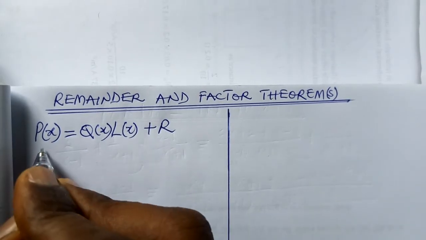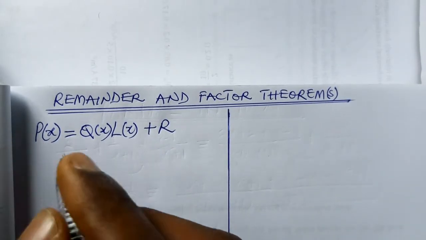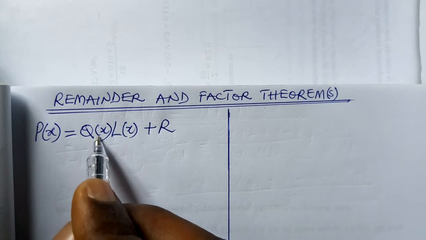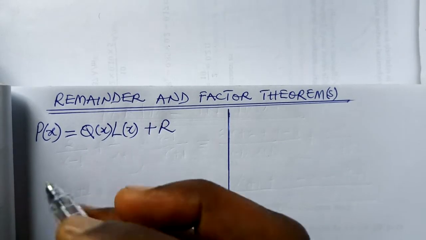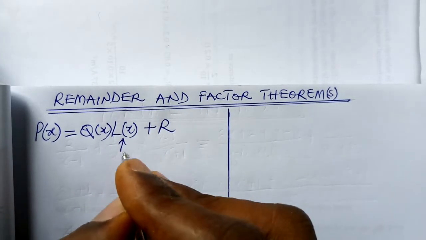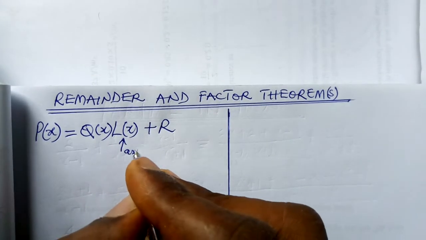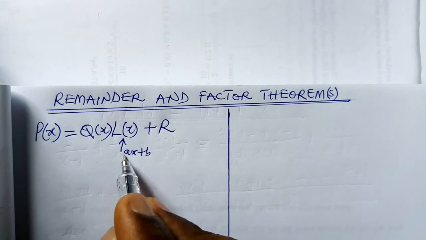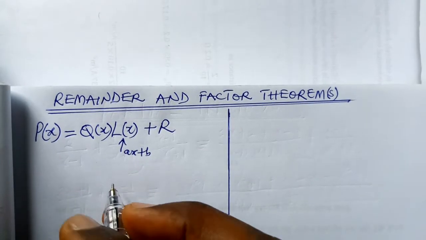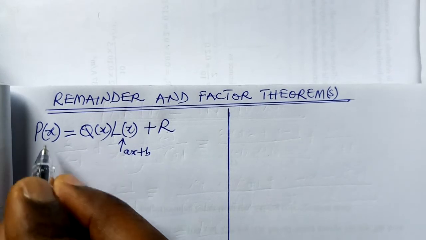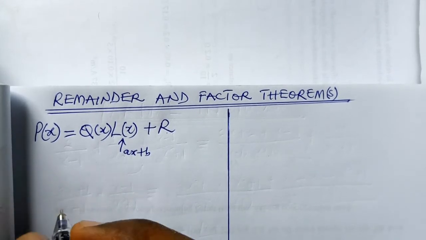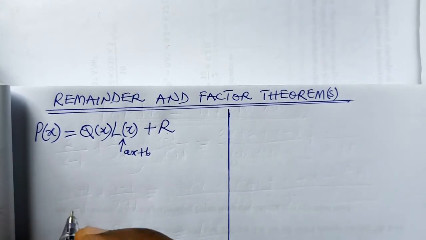So we'll say that this is a polynomial, this is the quotient, and this is the linear divisor of the form ax plus b, where a and b are constants, r is the remainder, and p of x is the polynomial.